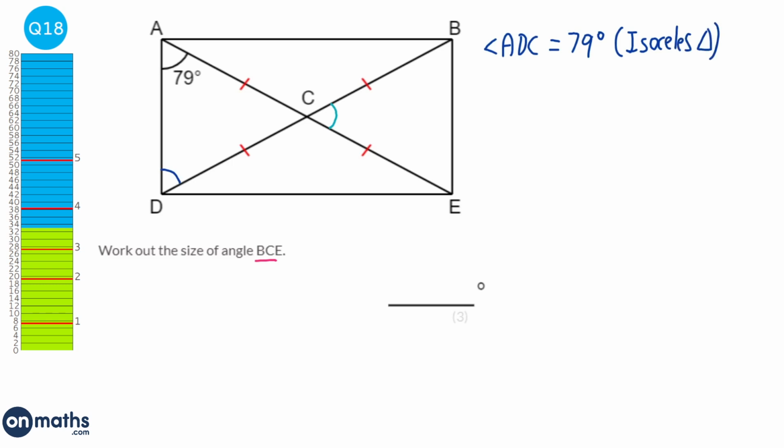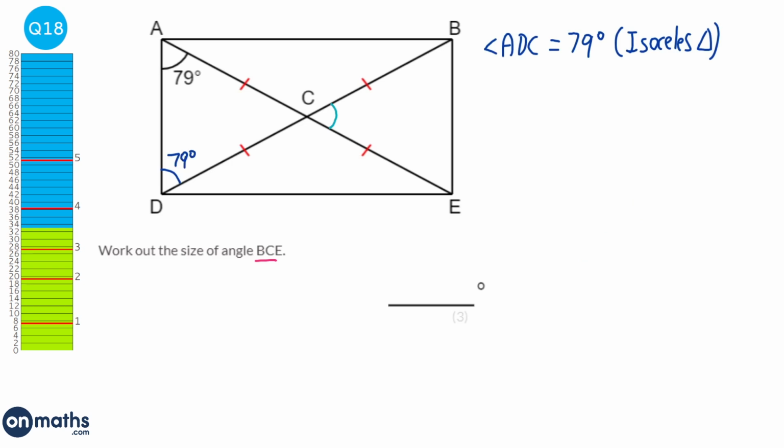So if you look, we've got an isosceles here, and the bottom two angles, and I use the word bottom because I always imagine an isosceles as being this way up. The bottom two angles in an isosceles are always equal, so that must be 79.